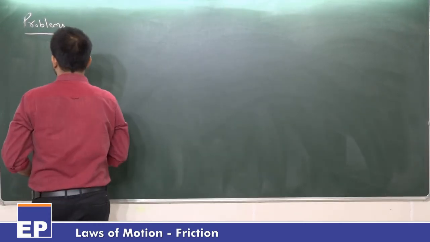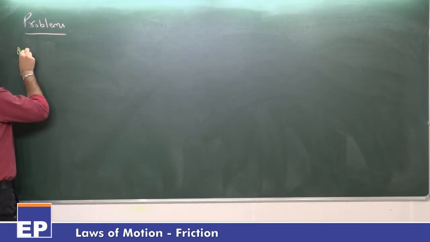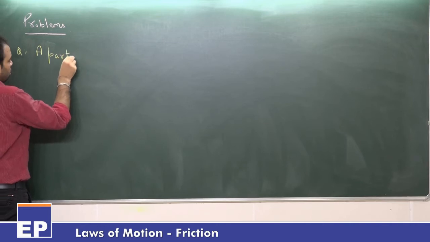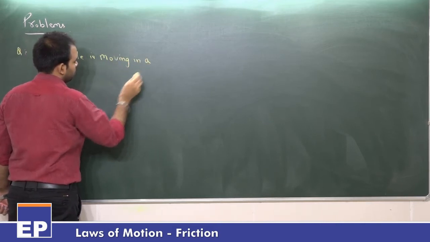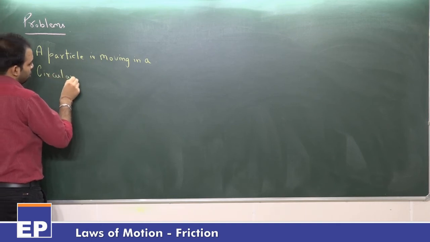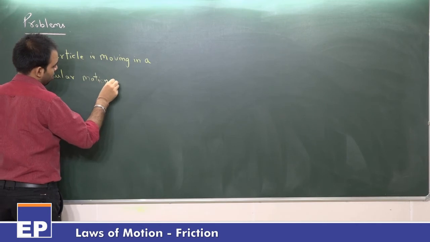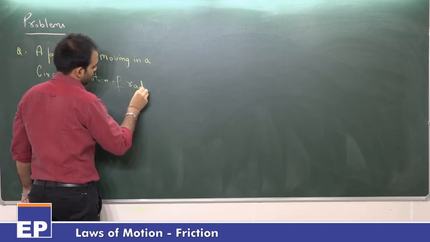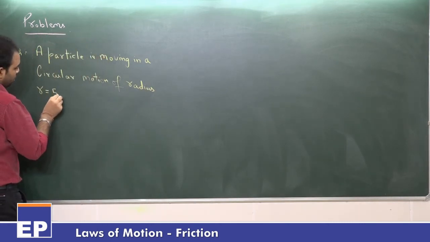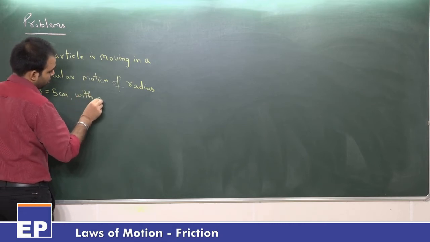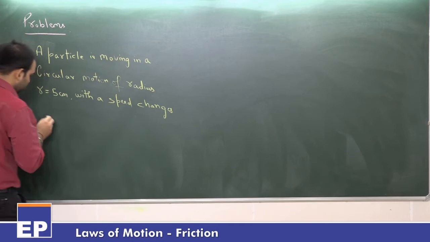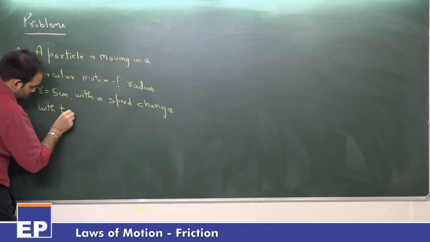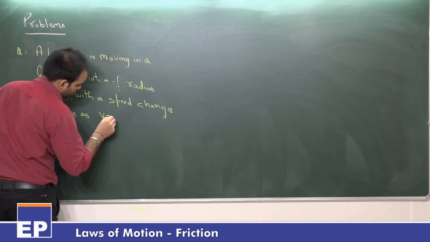लिखो, a particle is moving in a circular motion of radius small r is equal to 5 centimeter with the speed changing with time as v is equal to 4t.